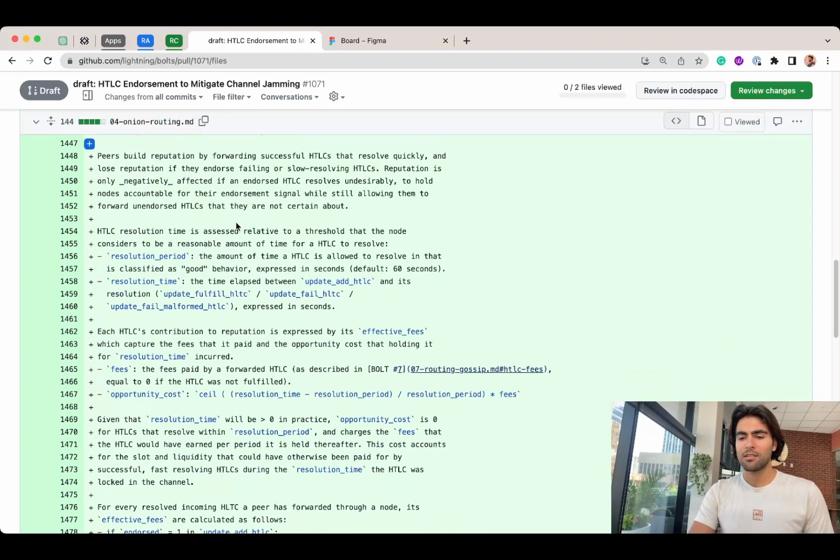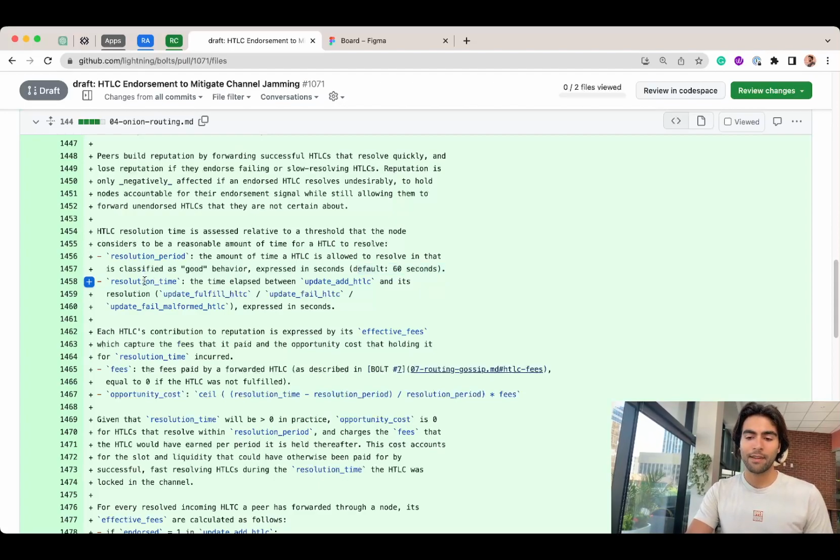Some of the variables that we're gonna use and should have in mind: first is the resolution period, which is kind of like an expected time for a payment to fulfill or fail. For example, if an HTLC comes through, we expect it to either fulfill or fail in under 60 seconds. Otherwise, something is wrong. The HTLC has been in flight for too long, and that's not a good outcome.